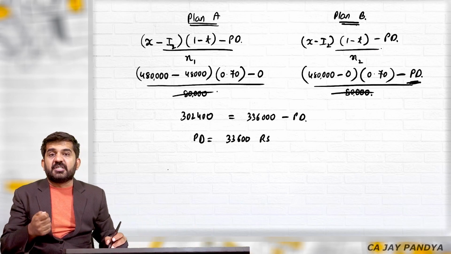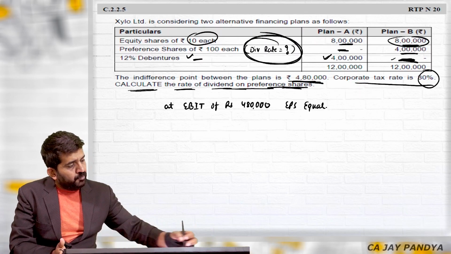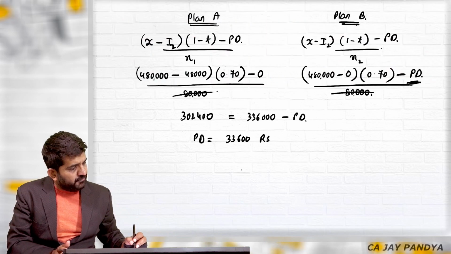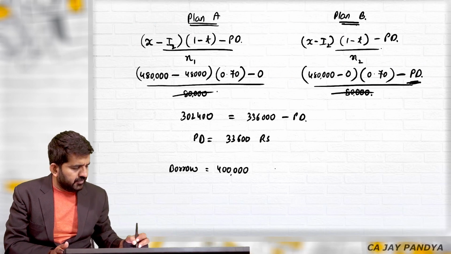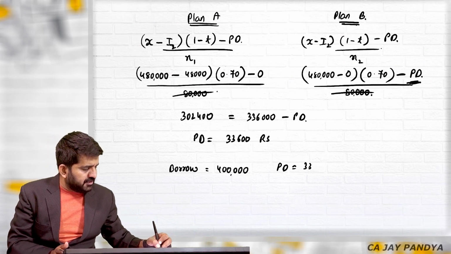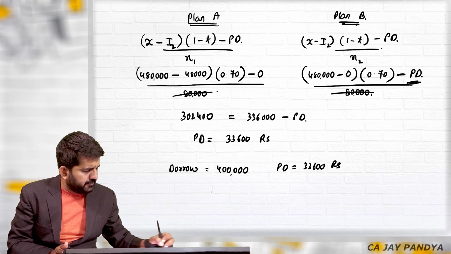This is in rupees. They want the rate. How much have you borrowed from preference shares? 4 lakhs. The preference dividend is 33,600 rupees.